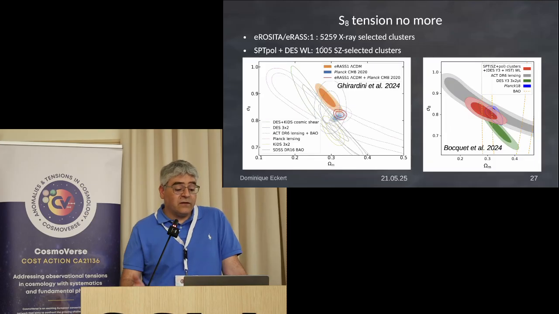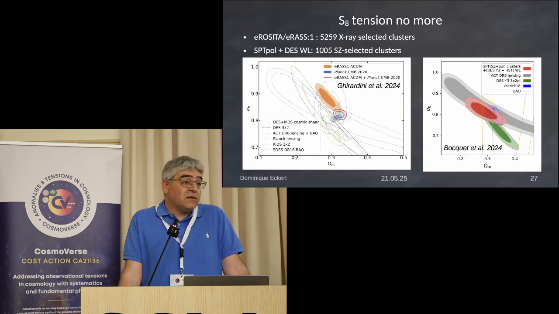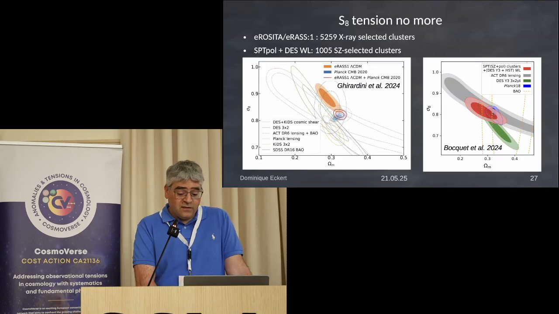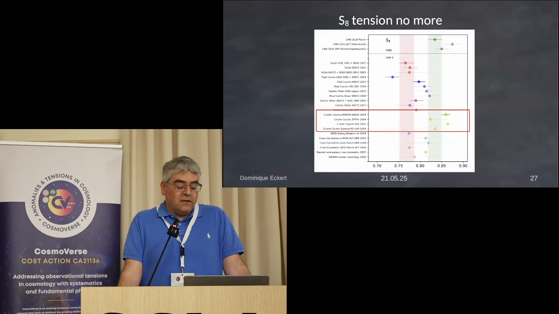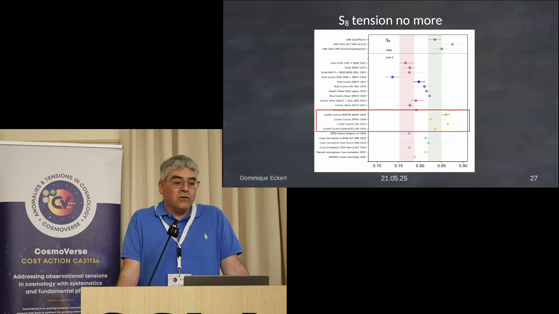And roughly at the same time, at the end of last year, we had the latest SPT results coming in with more than 1,000 SZ-selected clusters. Similarly, here are the contours in red. And you see that there is no more tension between Planck and the most recent cluster cosmology experiments. So here, S8 tension no more.